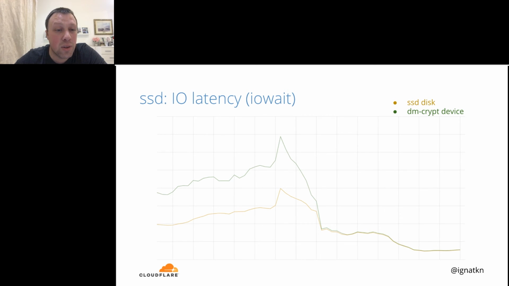So here you can see, by default, dm-crypt doubles the perceived latency from the application's perspective, but when we enable our flag, these latencies converge, and we can see that the software encrypted device latency is almost indistinguishable from unencrypted device latency. So basically we are bottlenecked on the actual hardware latency here.